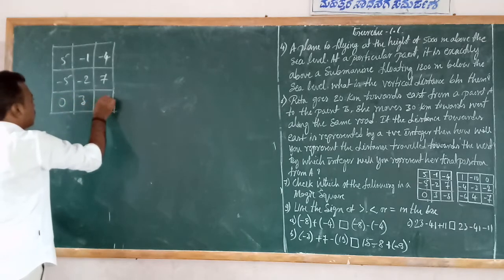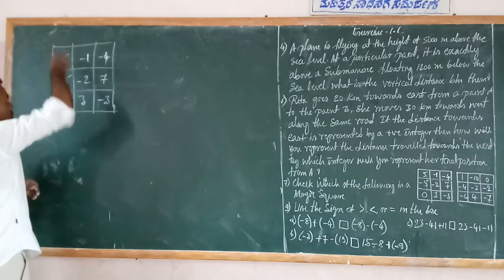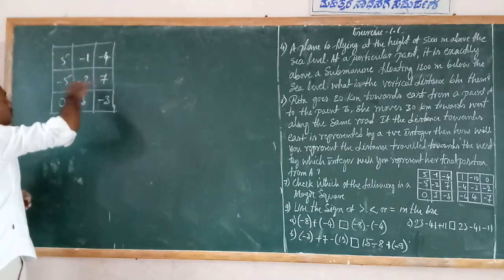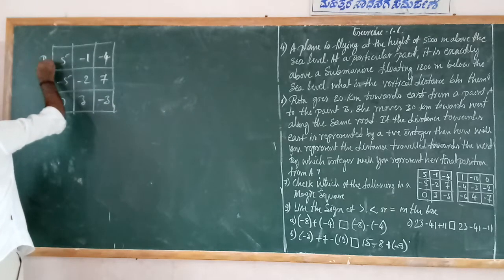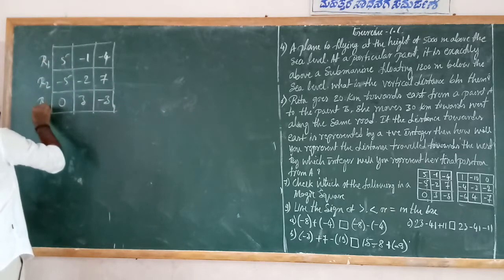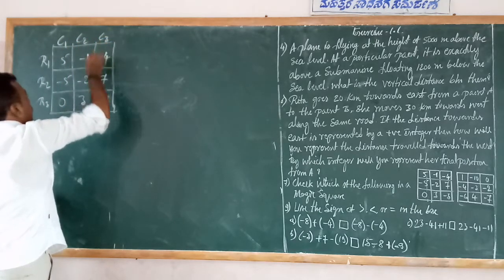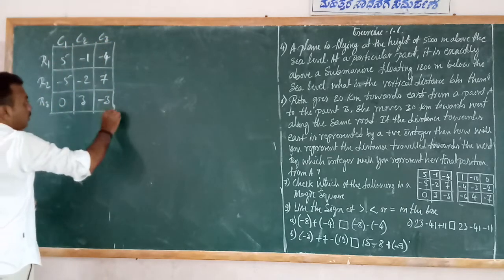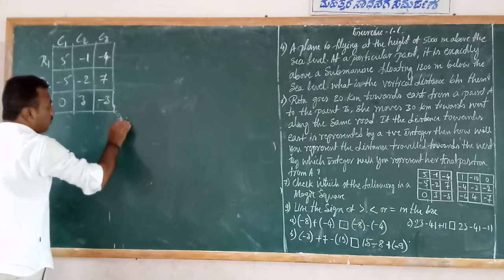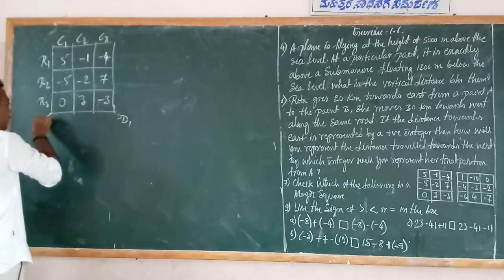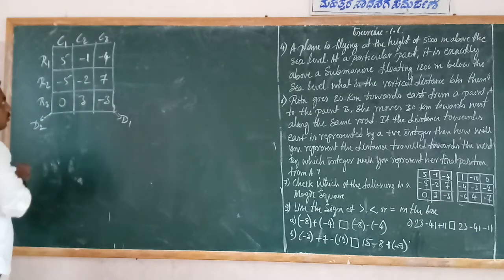This is rows: R1, R2 and R3. This is columns: C1, C2 and C3. And these are diagonals: this is D1 and this is D2.